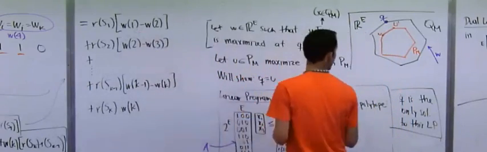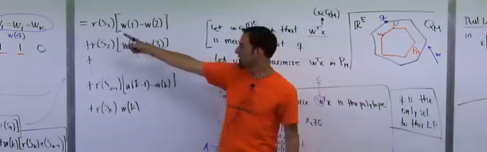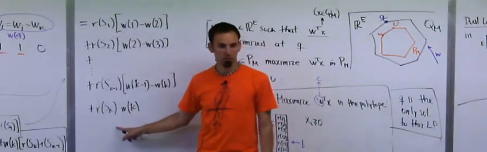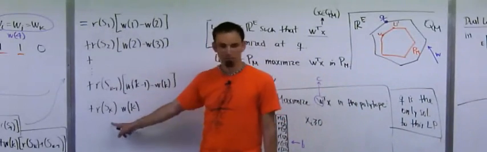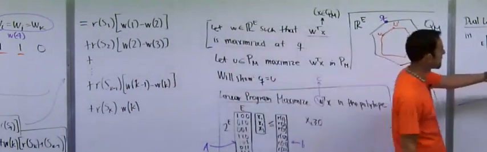Okay. But you see, that's interesting because actually this guy looks exactly like a dot product of a bunch of ranks with a bunch of other things. And that's exactly what we're looking for here. A dot product of a bunch of ranks times a bunch of things.